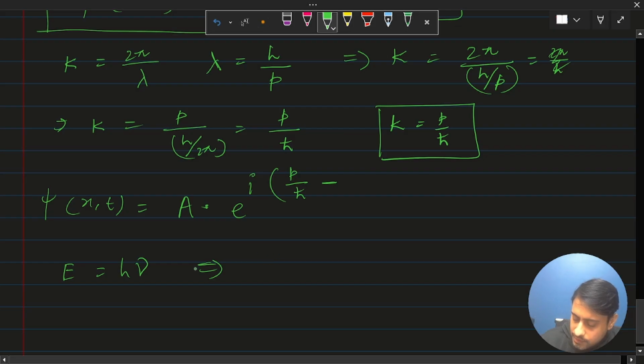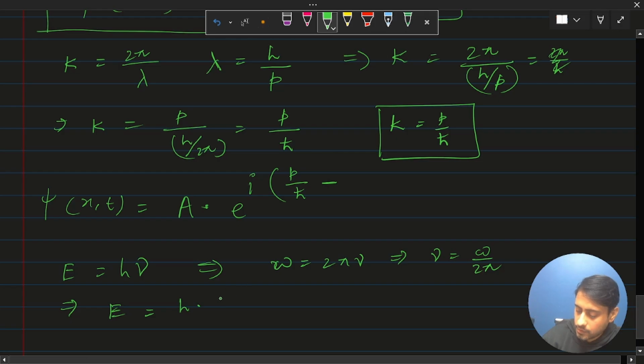So E equals h nu, and you know that omega is 2 pi nu, the angular frequency. So we can write nu as omega over 2 pi. So E can be written as h into omega over 2 pi.